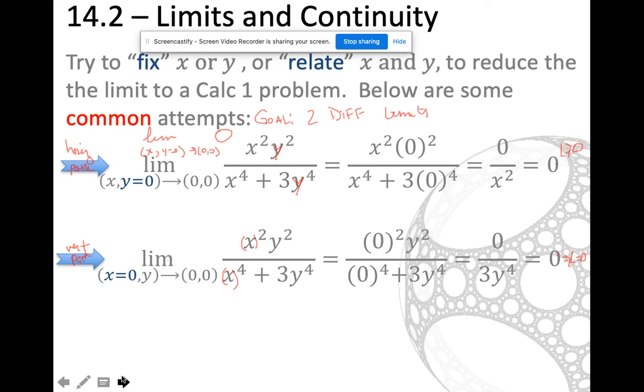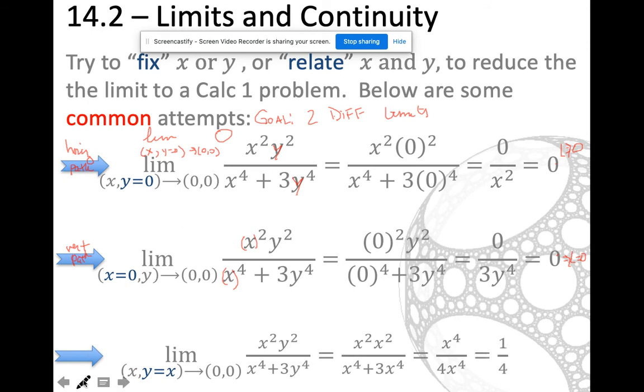So now let me try the diagonal path. It doesn't matter which one, right? If I'm going to choose, I'm going to choose my old y equals x. So notice I'm letting x vary, but I'm making y constantly be x. So I went to each y and replaced every y with x. And I got x to the fourth over 4x to the fourth.